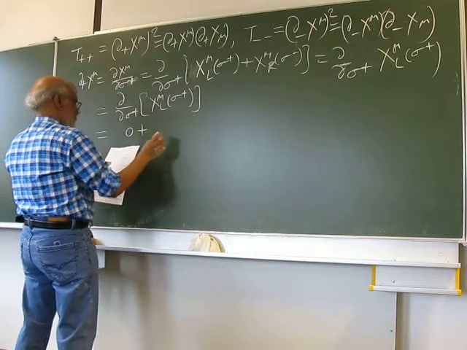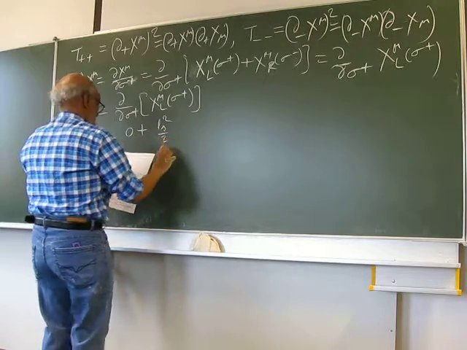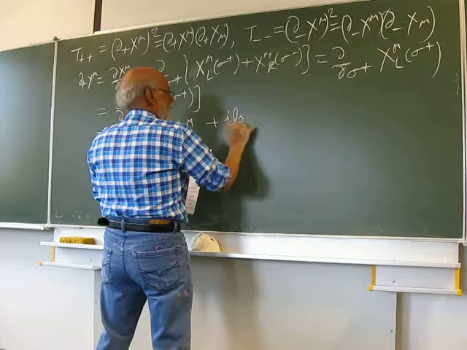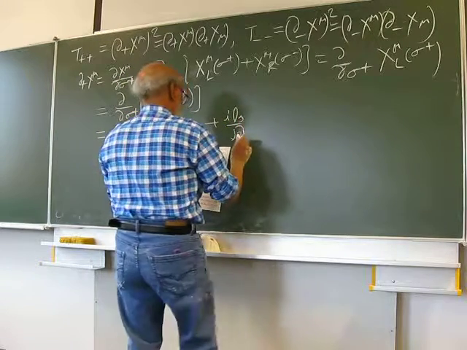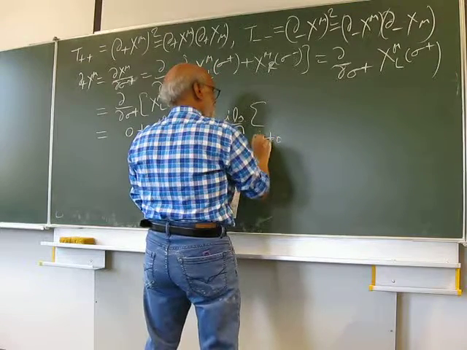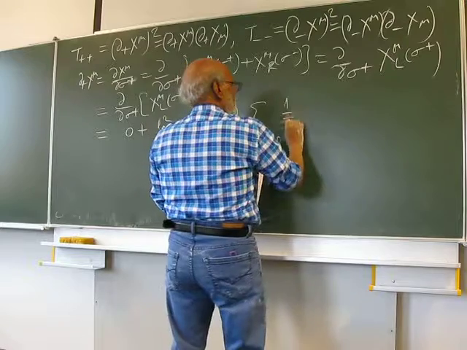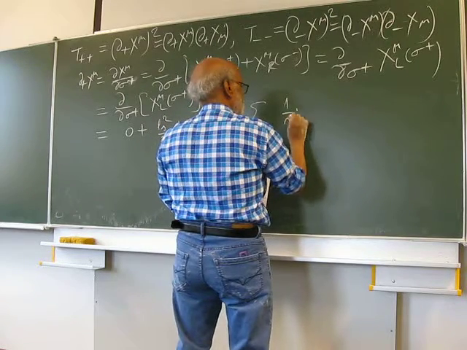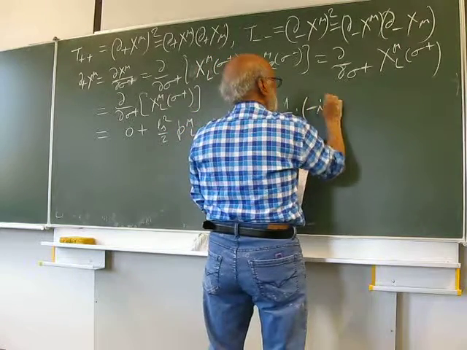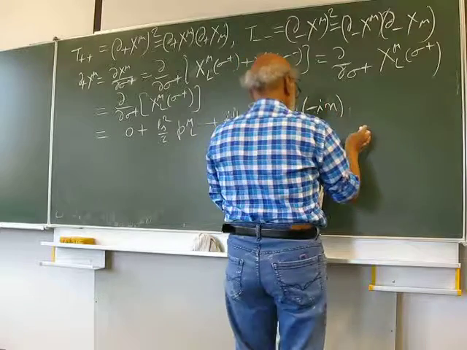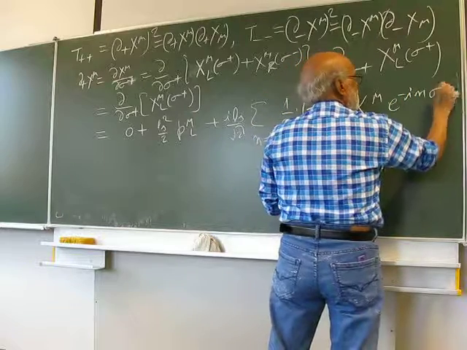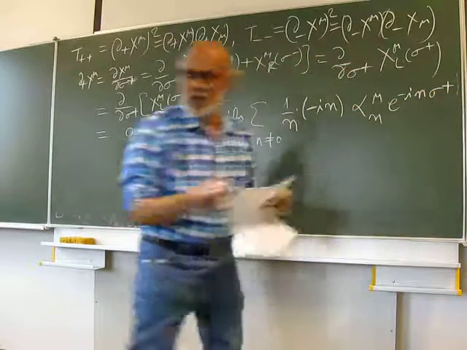So this would give me 0 plus ls square by 2 p mu L plus iota ls by square root of 2 sum over n not equal to 0, 1 by n times, I am differentiating this, so I have minus iota n times alpha mu n e to the power minus i n sigma plus.